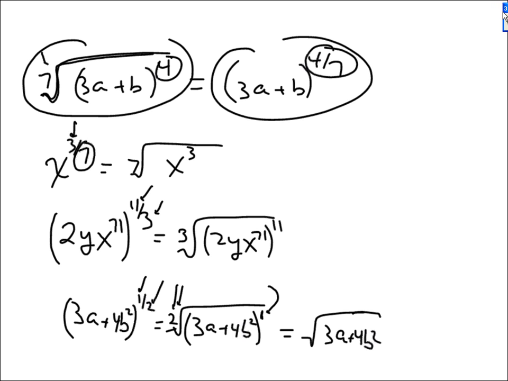Now, let's talk about how we simplify these things. Again, we're assuming all the variables are positive. You have the square root of y to the 12th, with a 2 out here. You do 12 divided by 2 and you get 6 with remainder 0.